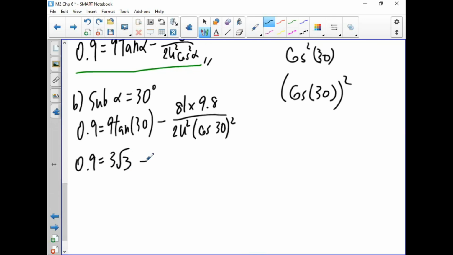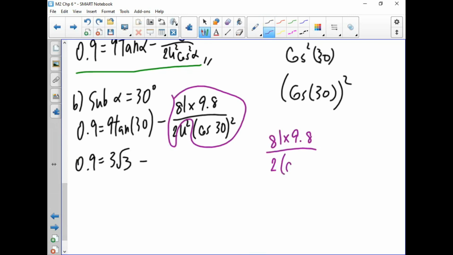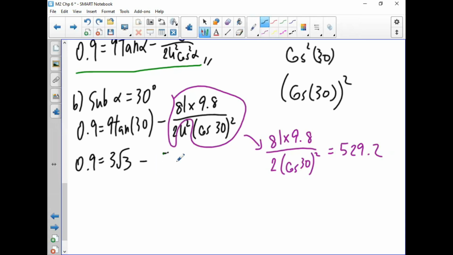Minus, the next thing I'm going to do is put 81 times 9.8 over 2 times cos 30 squared in a calculator. And that will give me 529.2. So minus 529.2 over u squared.